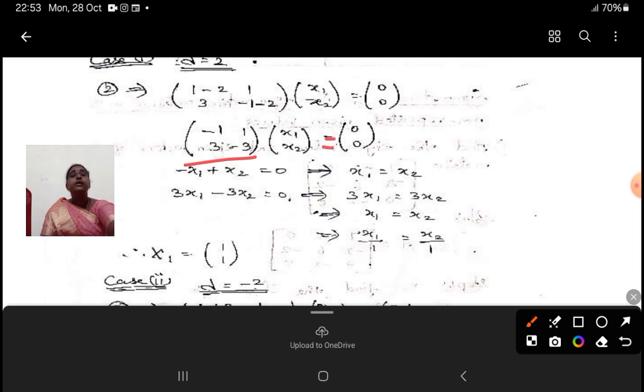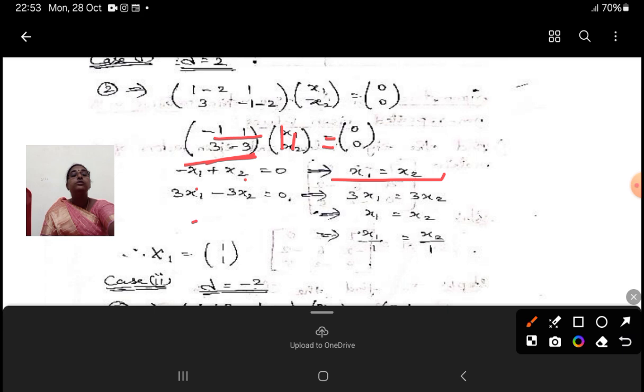After this you can write it as equations. First row with first column and second row with first column: we get minus x1 plus x2 equal to 0, and then second row, 3x1 minus 3x2 equal to 0. From the first equation we get x1 equal to x2.